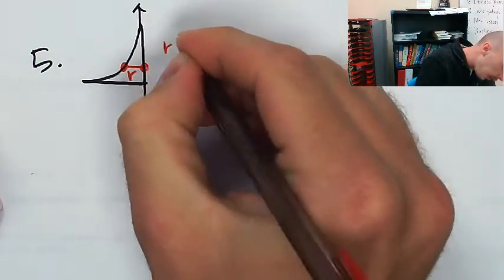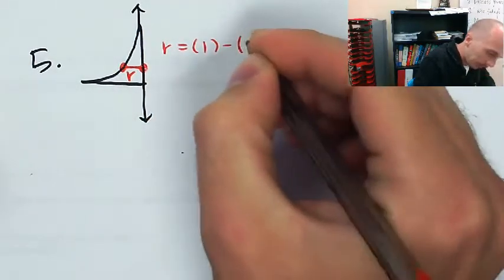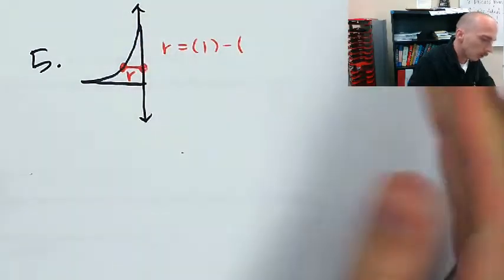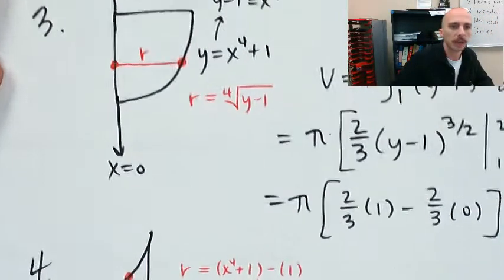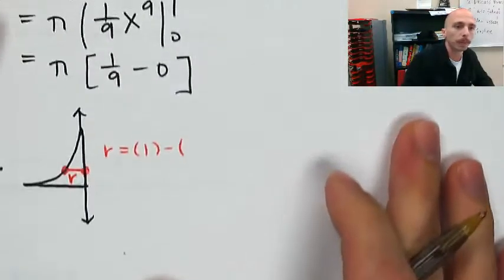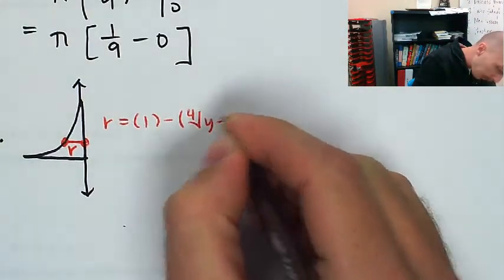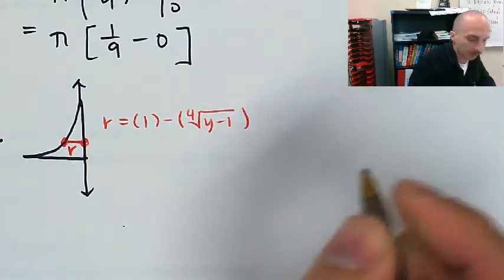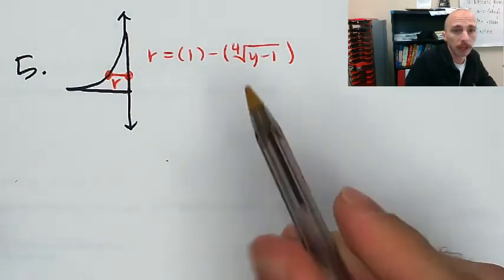So, r equals x equals 1 minus x equals, we did this already, so I'm going to go back up to here and say x equals the 4th root of y minus 1. This is the type of one that you could do by hand if you really had to.